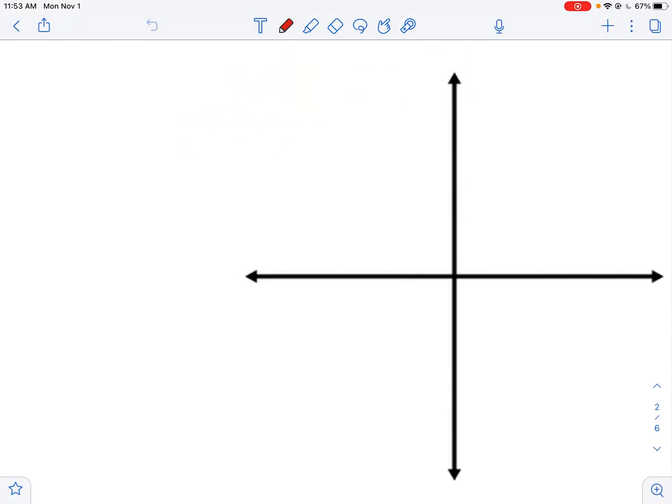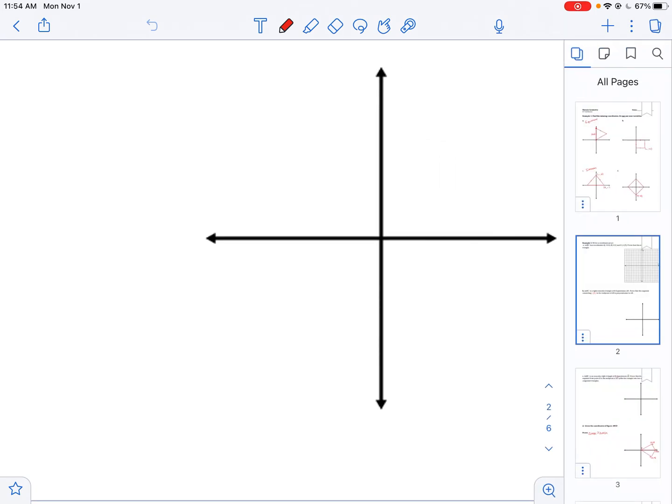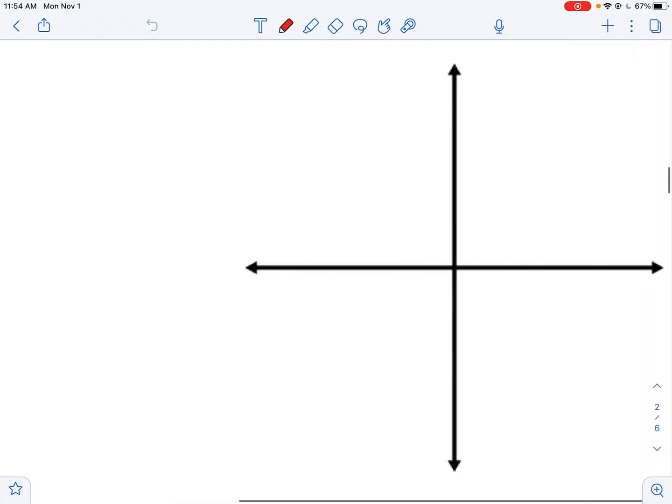In this video, we're going to look at finding the coordinates of the missing parts in an equilateral triangle. So there are a few different ways that we can set up an equilateral triangle.